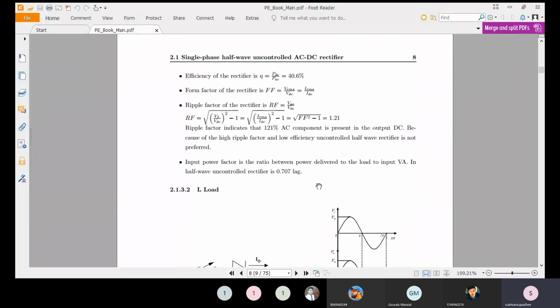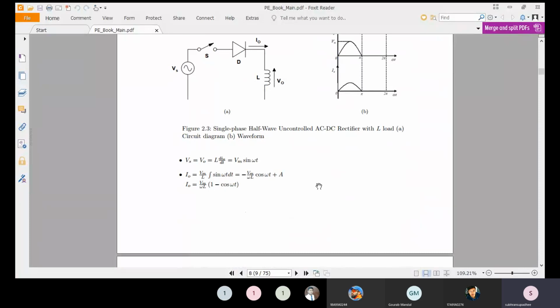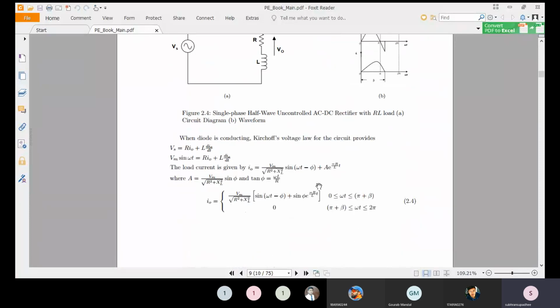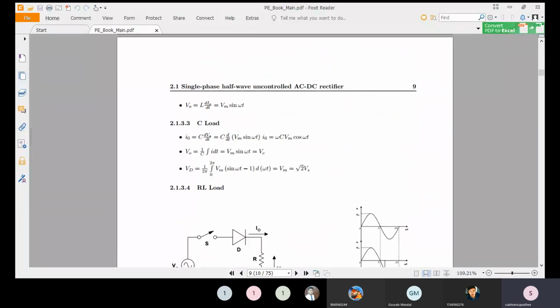So this is the basic theoretical aspect of a rectifier with R load. Similarly, you can go for a rectifier with L load. It will be somewhat more complicated. Let's first do the rectifier with R load in Simulink.